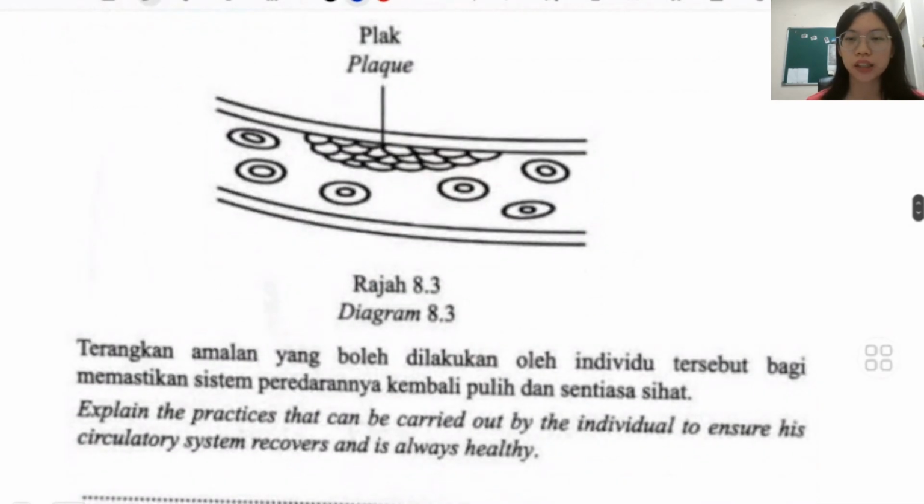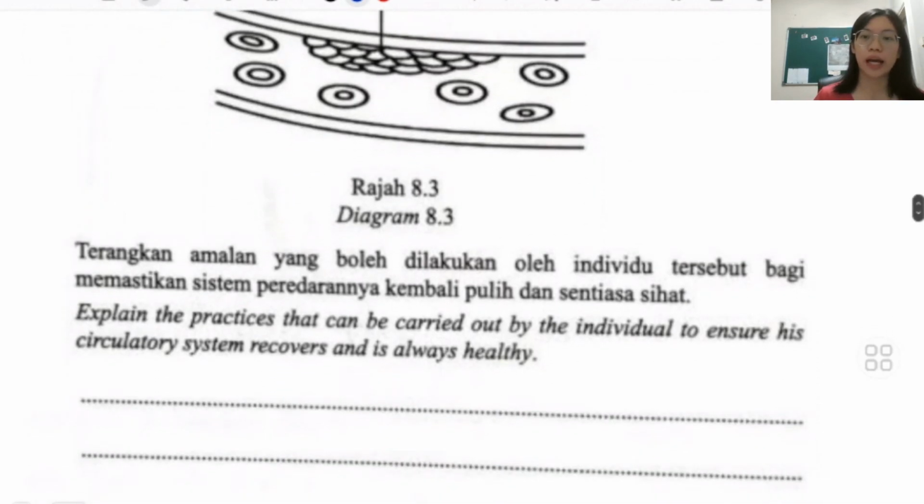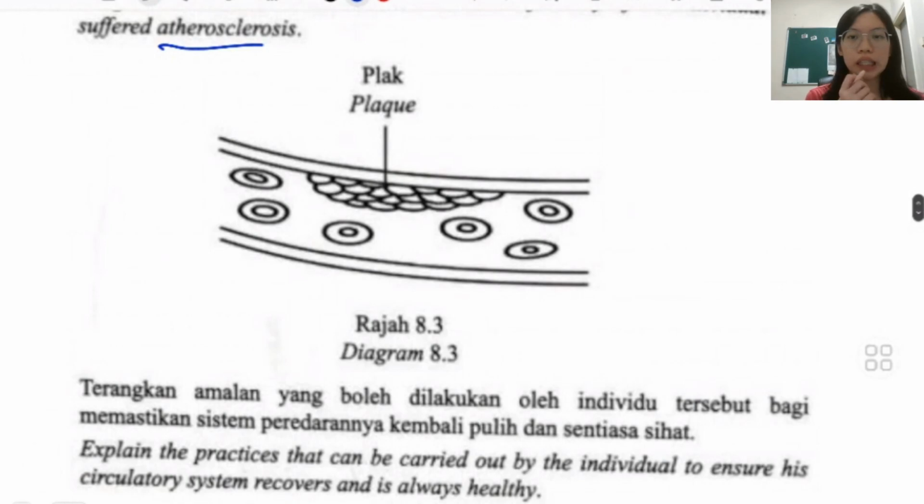So explain the practices that can be carried out by the individual to ensure his cardiovascular system recovers and is always healthy. This is very key, but you don't have to panic because it's super common sense, super general. Plaque is formed from cholesterol, all those things, right?